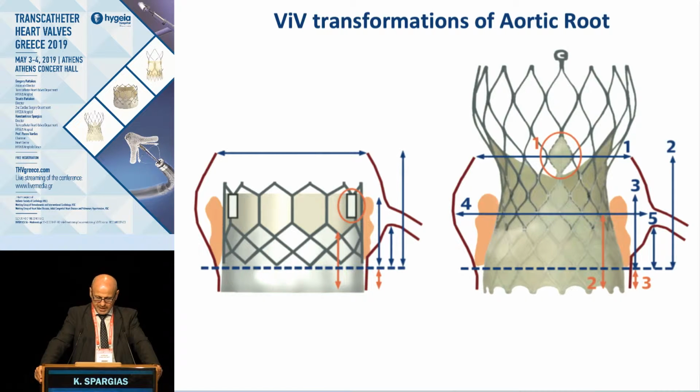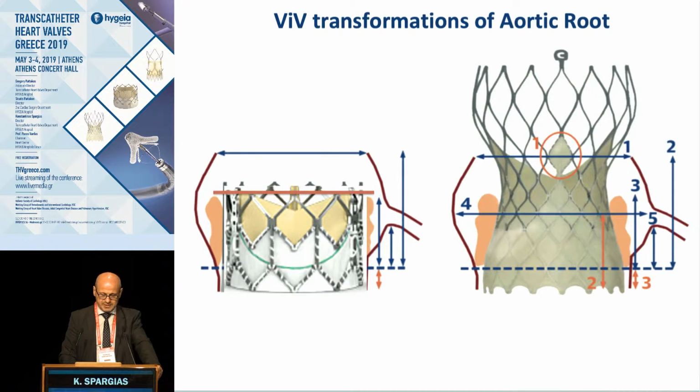Moving to the transformations that we have in the aortic root after valve-in-valve implantation, we see that when we implant a SAPIEN valve in another SAPIEN, nothing changes within the aortic root.